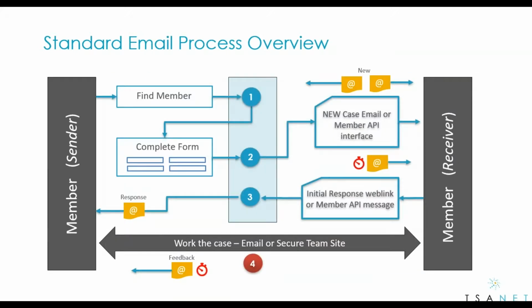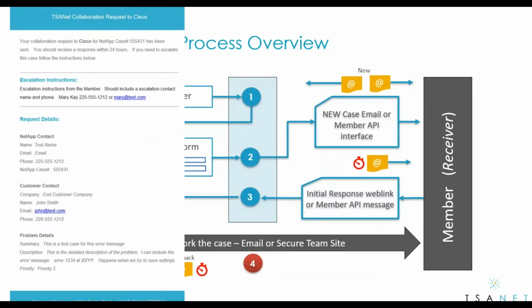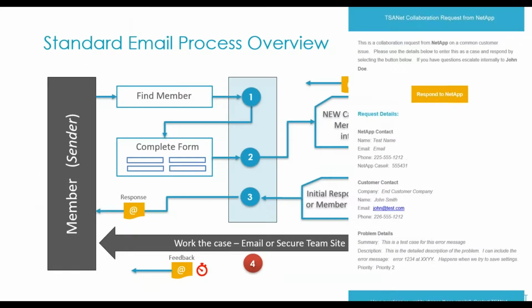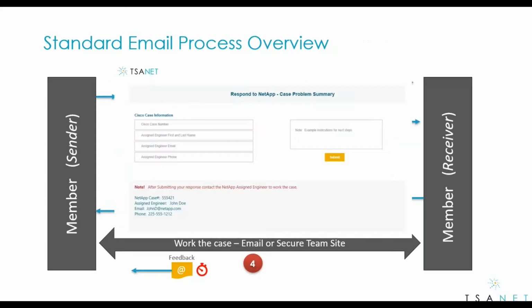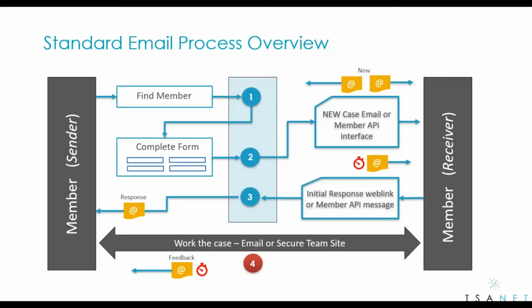So the sender receives an email, and the receiver receives an email. They respond within that email, completing their case number and the engineer contact information, which is sent over to the sender. And as indicated, this is where we step out of the way. The engineers stay in their CRM systems and work the case between themselves.